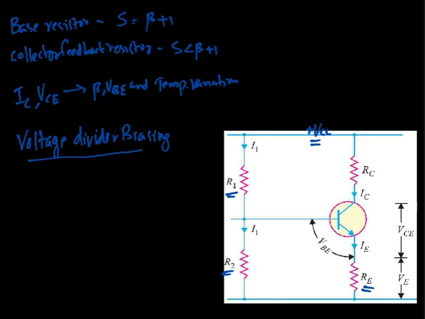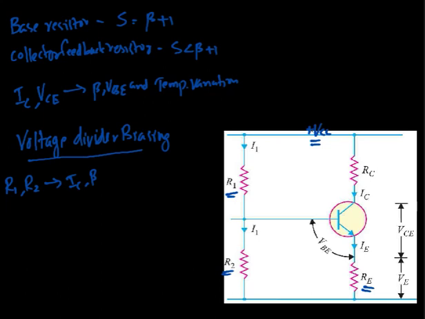So let's see how the biasing has been obtained using this circuit, and also how better stabilization has been achieved by using this circuit. For discussing the biasing, we have to determine the values of R1 and R2 for particular chosen values of the collector current IC and given transistor beta.